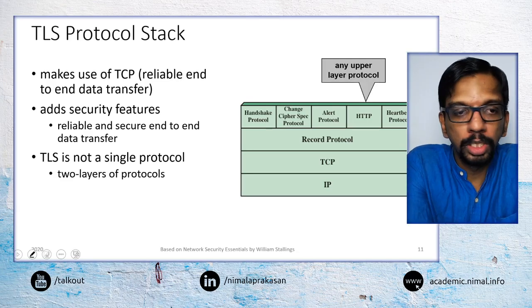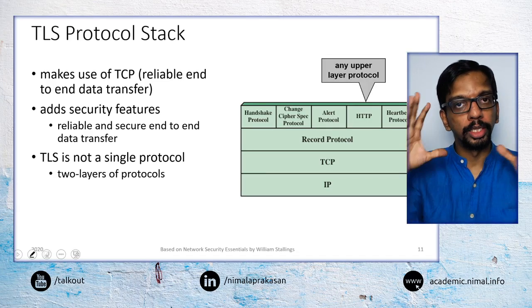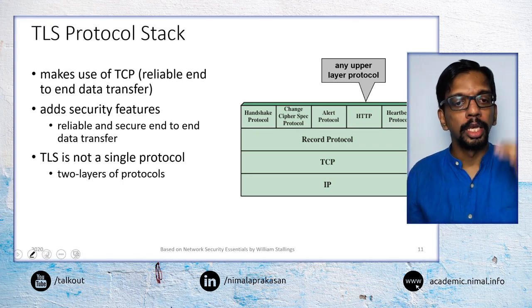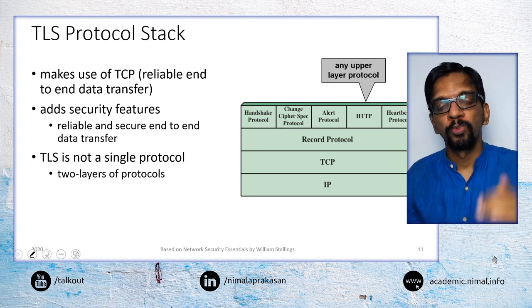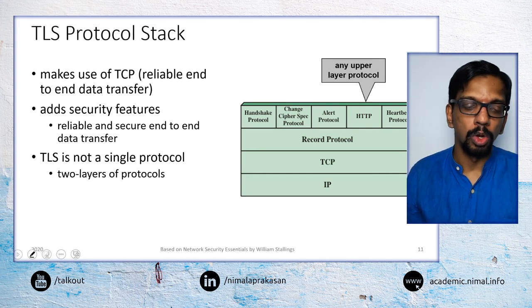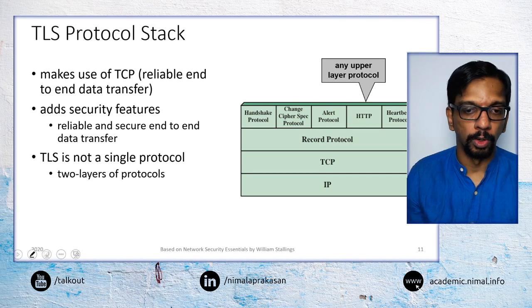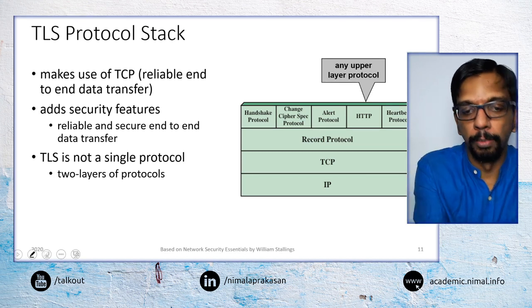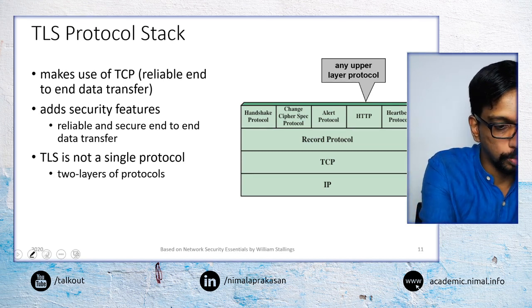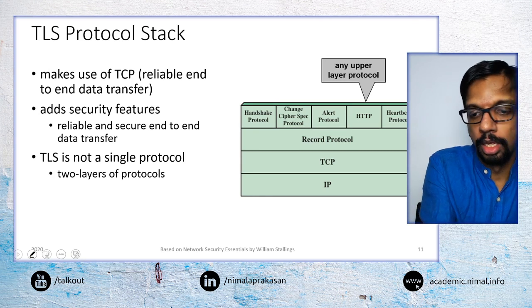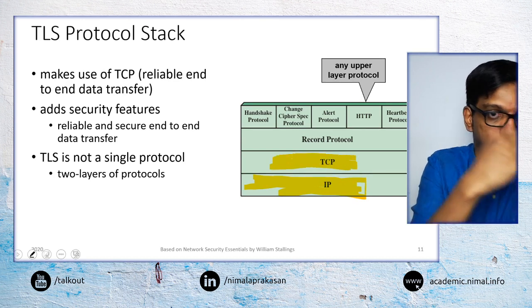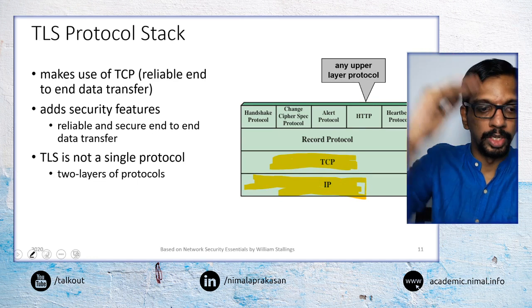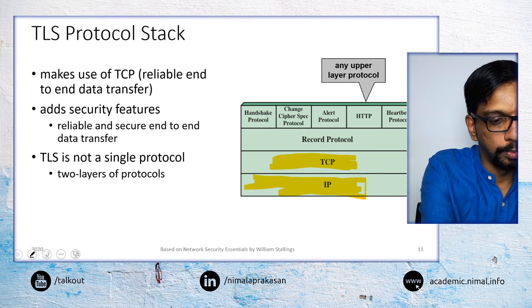So when we think about the TLS protocol and the TLS protocol stack, it uses two layers of protocols as part of the overall protocol itself. Basically, where it starts would be the IP layer and the TCP layer. These two will be there as part of existing protocols on the communication that is happening.